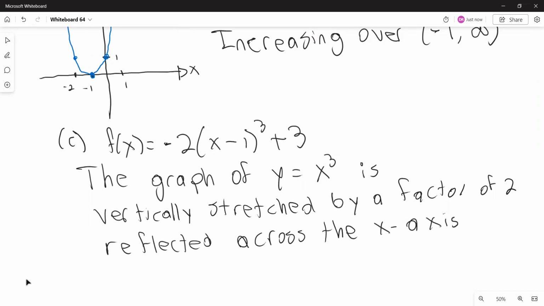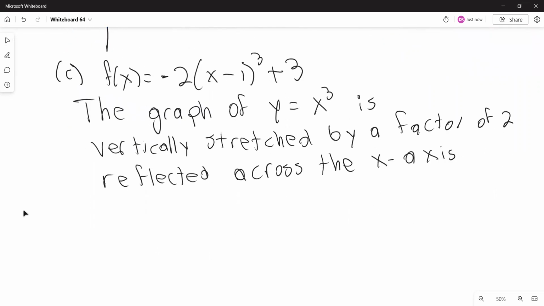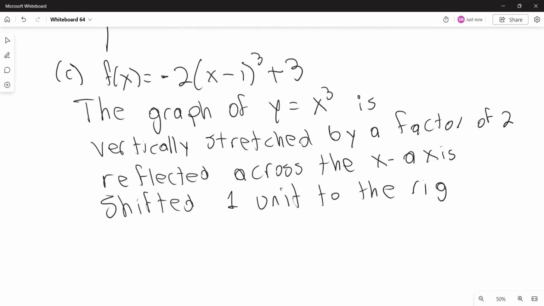And it's going to be shifted 1 unit to the right and 3 units up.